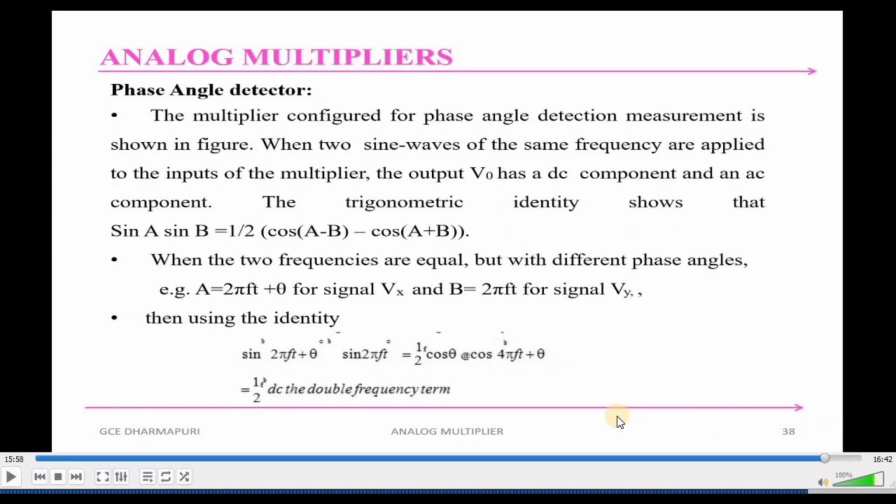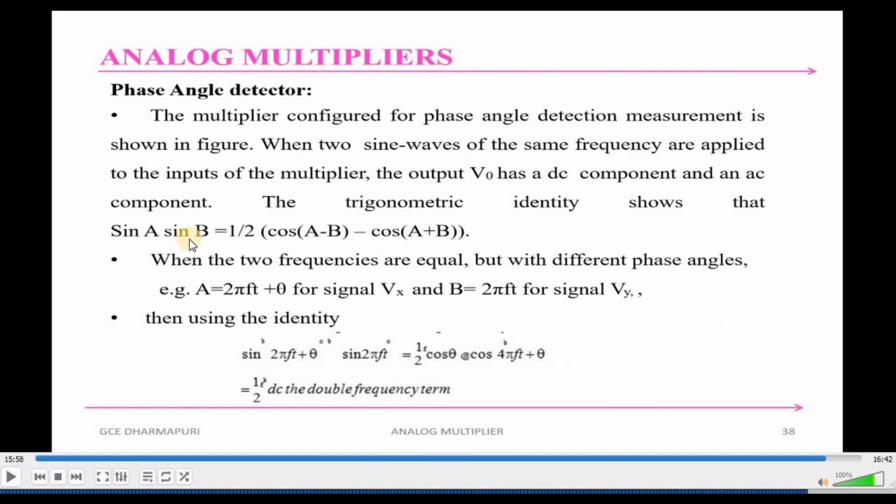Here the multiplier is configured for phase angle detection measurement. Whenever two sine waves of the same frequency are applied to the input of the multiplier, V naught will have a DC component and an AC component.